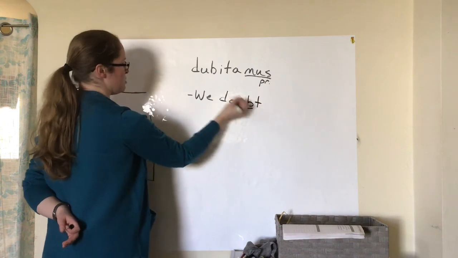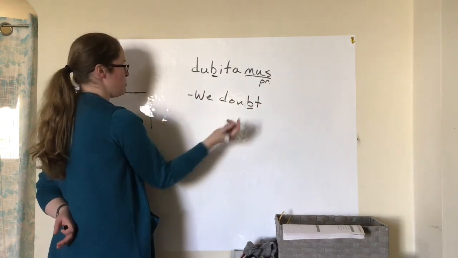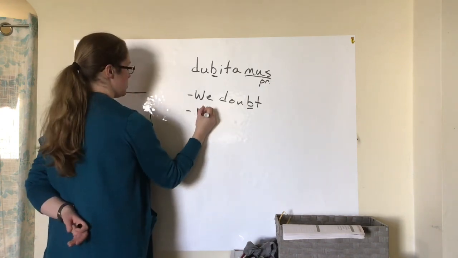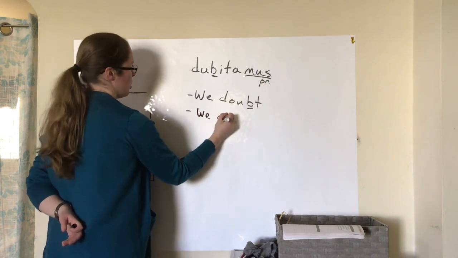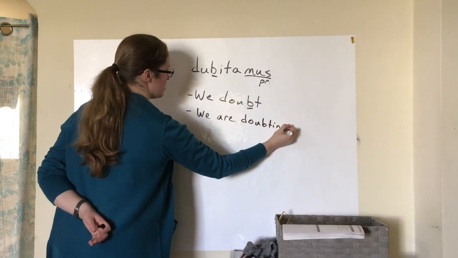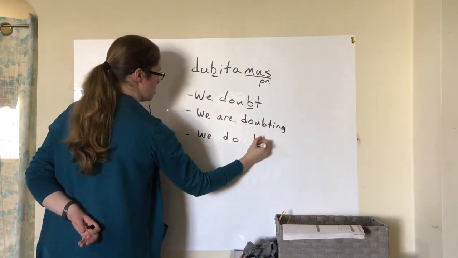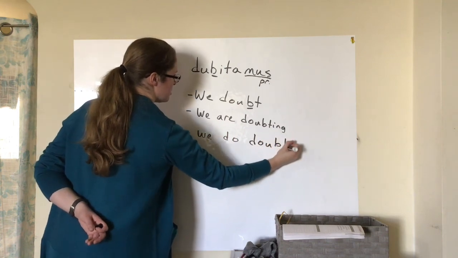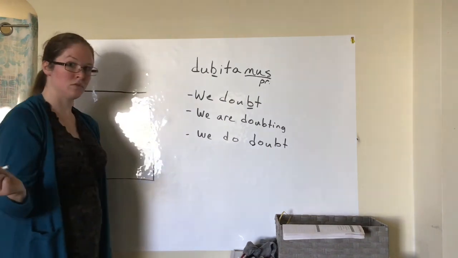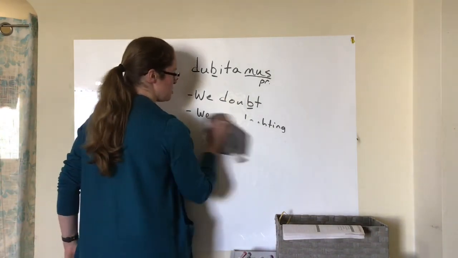Notice the B in doubt, that's from here. Can help you spell some English words. So we doubt, still present tense. What's another way of saying it? We are doubting, or we do doubt. All right. We doubt, we are doubting, we do doubt.